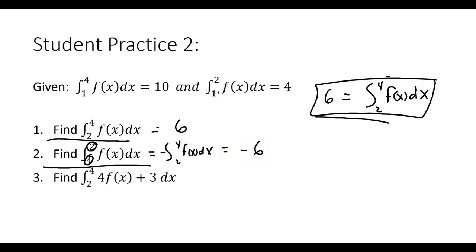And then for the last one here, we can apply property 4 to split these up. Here I can apply property 3 and take out the constant.